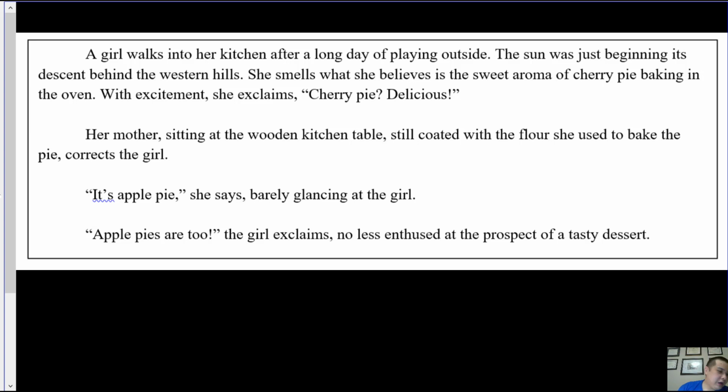So, what's the point of that story? Well, if you remember what the girl says, cherry pie delicious and apple pies are too, you can remember what the formulas are for the different parts of the circle. Cherry pie delicious stands for circumference equals pi times the diameter.